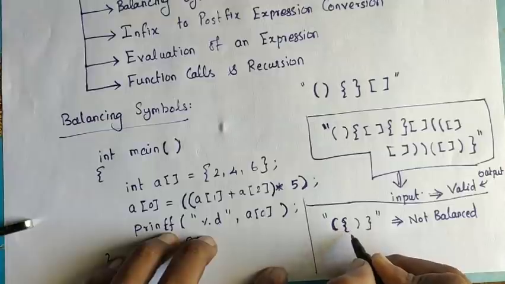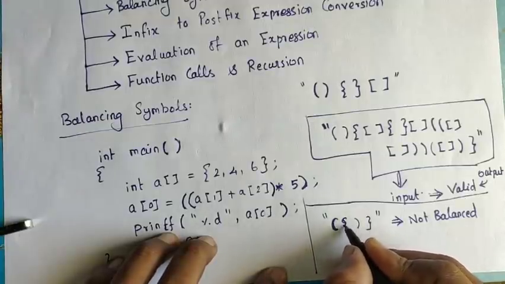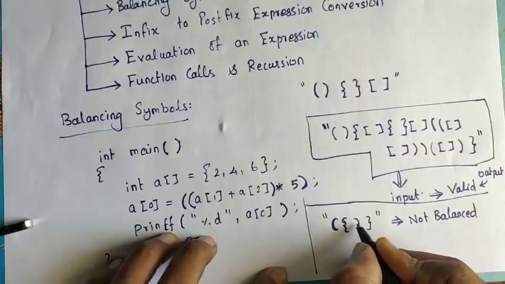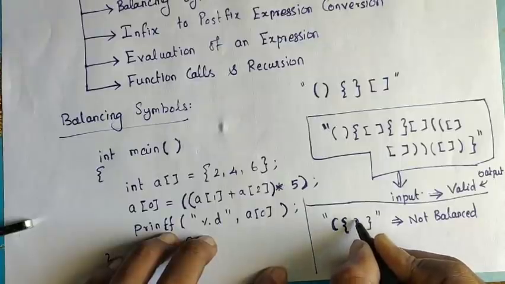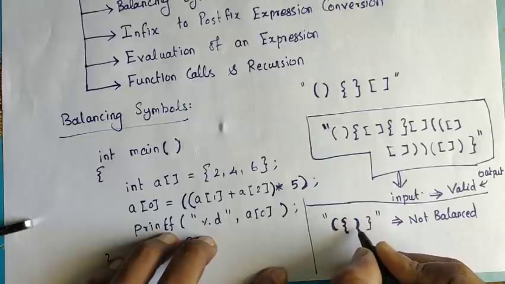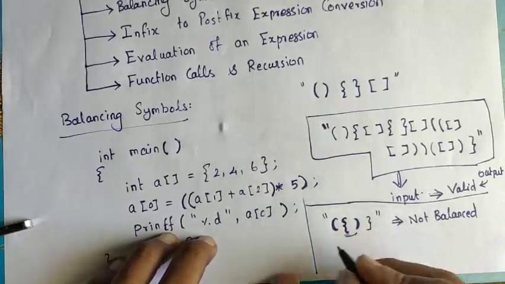But the most recently opened symbol is the opening brace, and here we received a round close bracket. So this opening symbol does not correspond to the closing symbol, and in this case it will show not balanced.